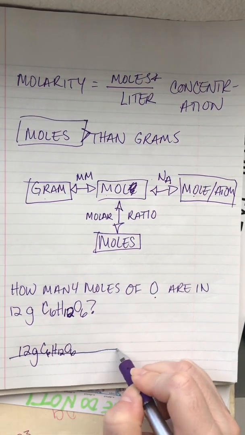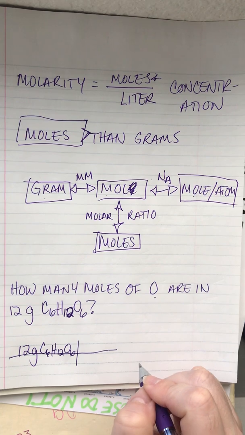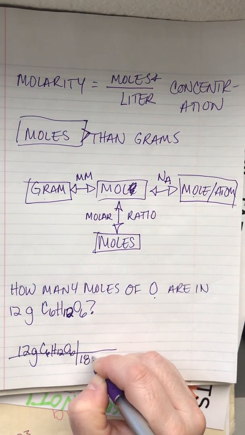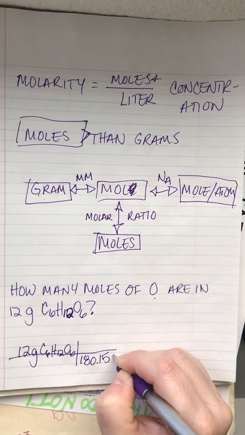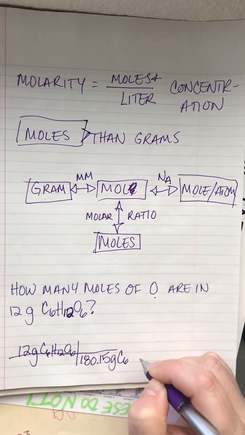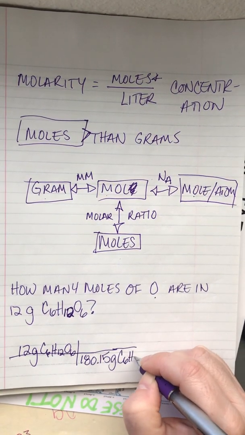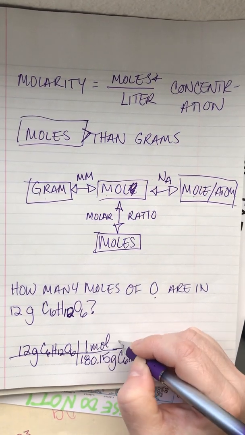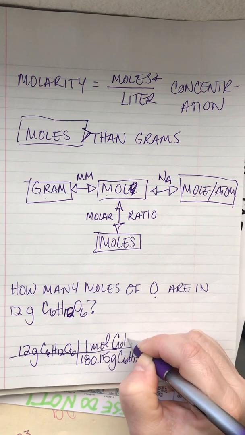And the molar mass of glucose was 180.15 grams of glucose per 1 mole of glucose.